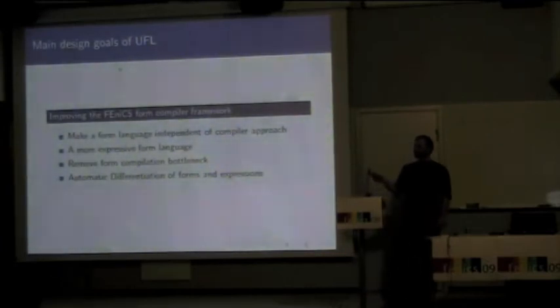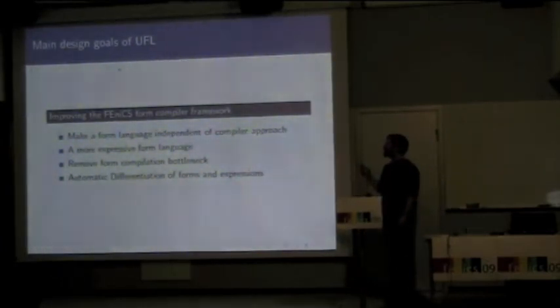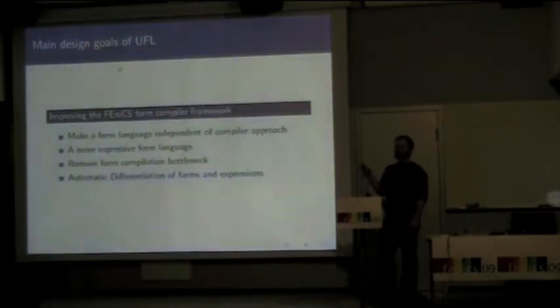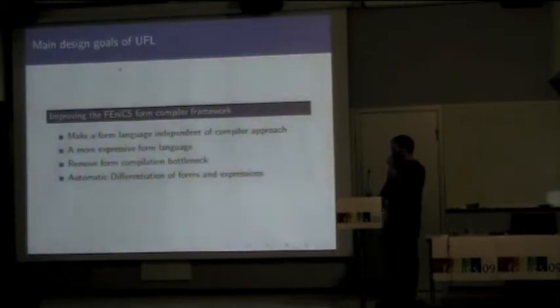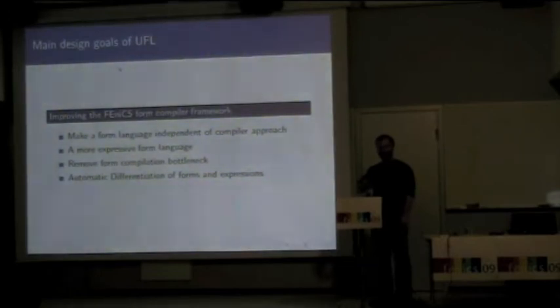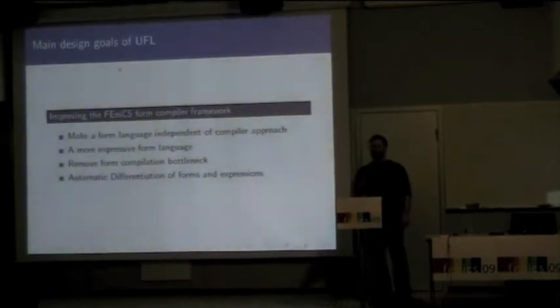So the main design goals of this project have been to improve the form compiler framework, in particular to make a form language that is independent of the approach we use to compile forms in FFC and the Cypher form compiler. It is to extend the language to be more expressive, so we can declare more nonlinear forms and PDEs that could not be expressed in the previous form languages.